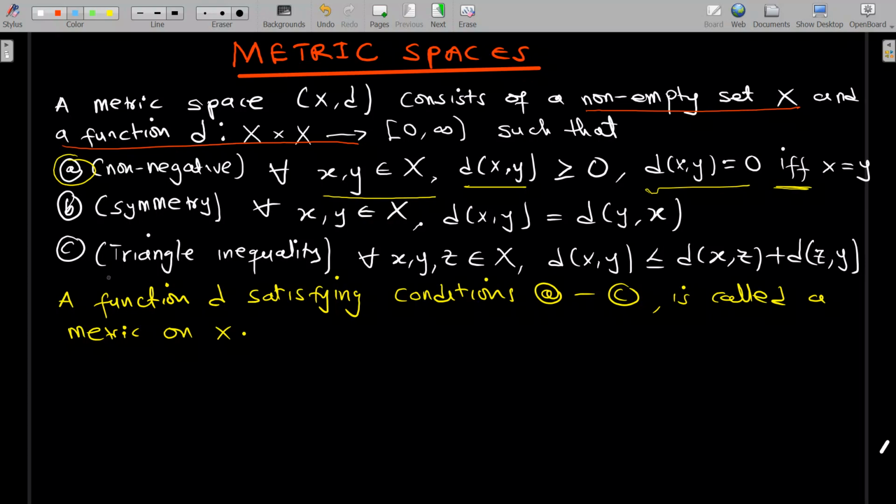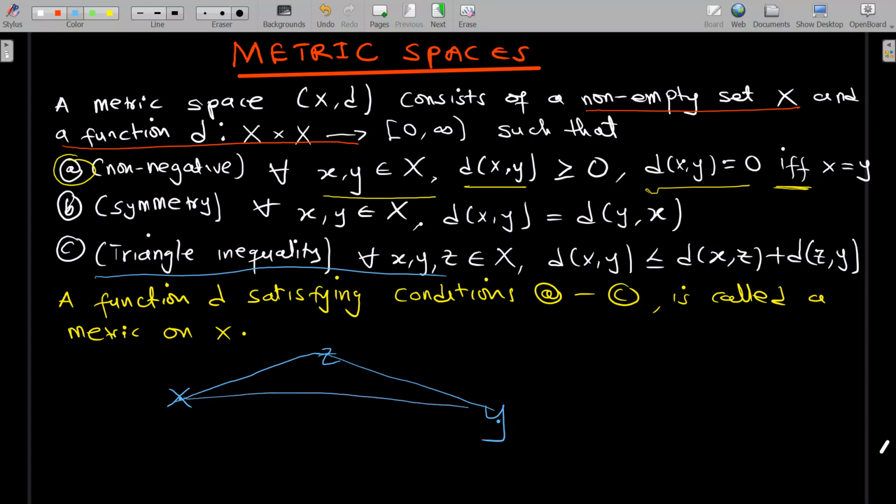The third condition is what we call the triangle inequality. The triangle inequality talks about the distance between 3 points. Maybe I want to move from x to y, and there's another point, let's say z, belonging to the same set, and I want to pass through z before I get to y.